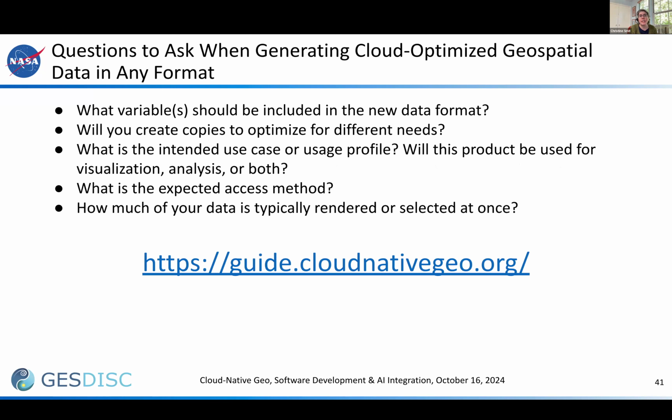Are you going to be creating copies to optimize for different needs? As you read through this guide, you'll find that some data formats work better for different kinds of uses, so you might end up making multiple copies of the same data. What is your intended use case? What is the expected access method? How is your data going to be rendered?